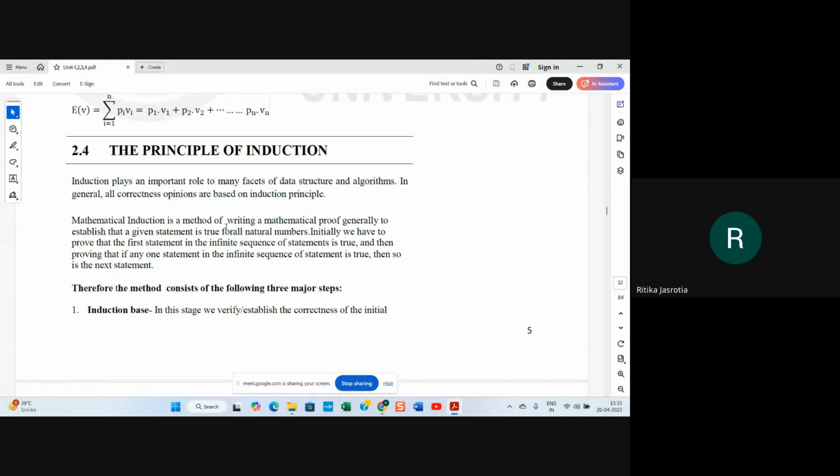Initially, we have to prove that the first statement in the infinite sequence of statements is true, and then prove that if any one statement in the sequence is true, then so is the next statement. So in mathematical induction we are proving a certain statement, right? If we check that for one particular instance the statement is true, then for the others also it will be true. That is how we prove by mathematical induction.